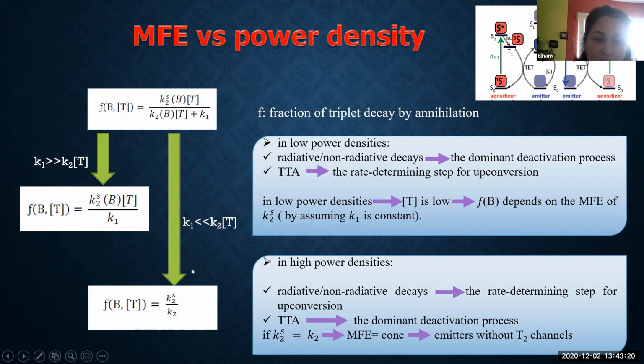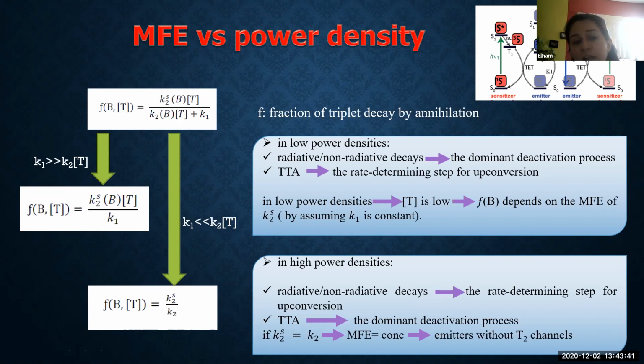So we can simplify this equation to K2S over K2. And in here, you will see that if the top part of the equation and the bottom part are equal to each other, then the magnetic field effect would be constant.